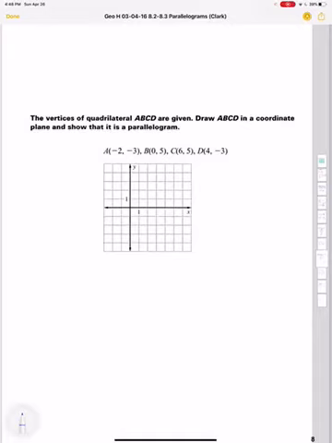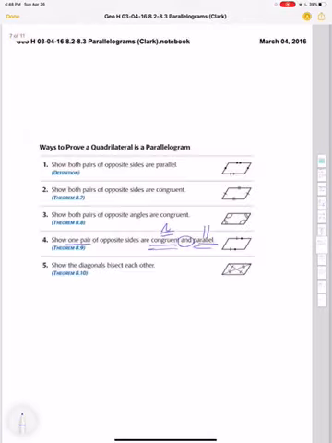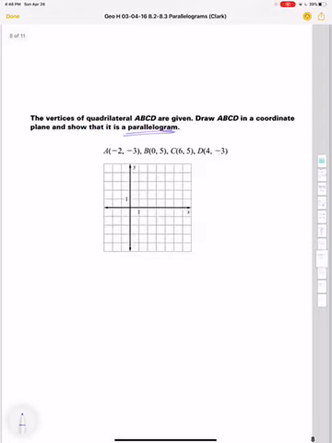The vertices of quadrilateral ABCD are given. Draw ABCD in a coordinate plane and show that it's a parallelogram. So to show that it's a parallelogram, we can use any of these things. So let's first graph it. So A is at -2, -3, over here.